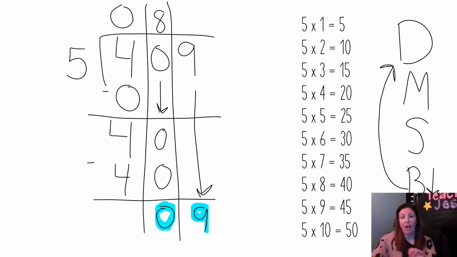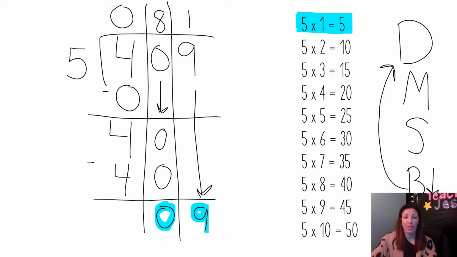If I'm not sure, I can look over here at my times tables, and I see that if I put 1 in each of the 5 groups, that gives me 5. If I put 2 in each group, I use up 10 ones, which I don't have. I only have 9. So the most that I can put in each group is 1.